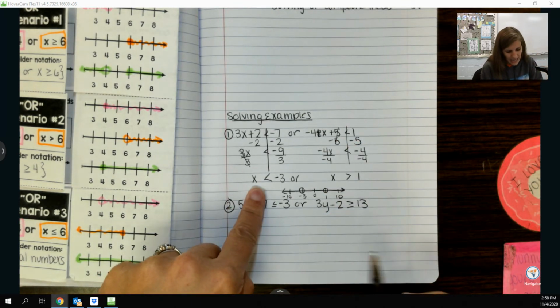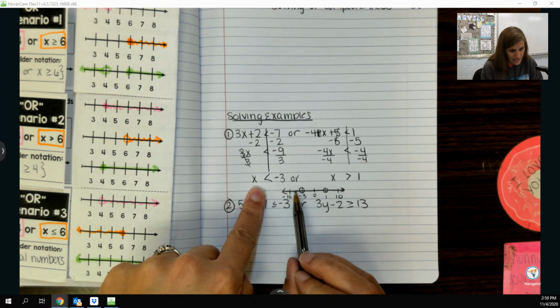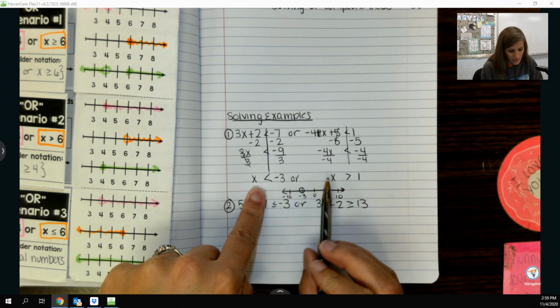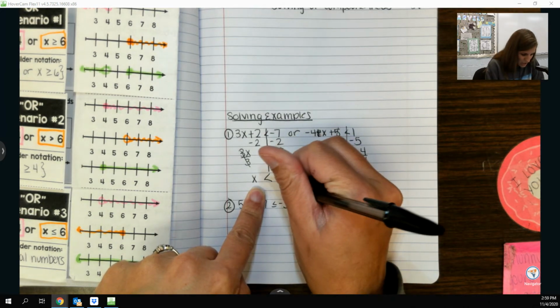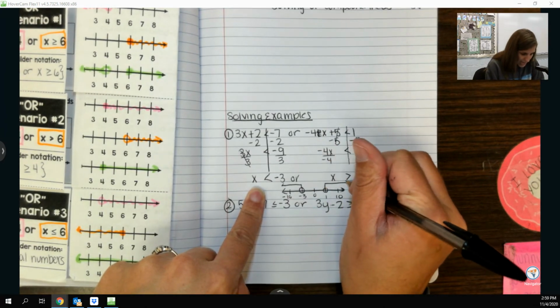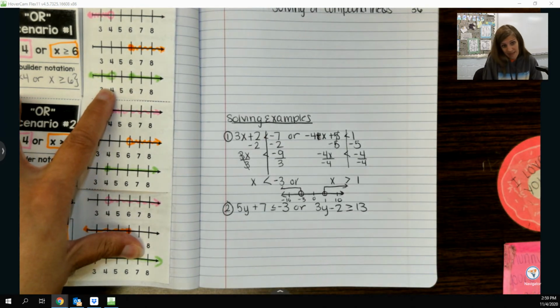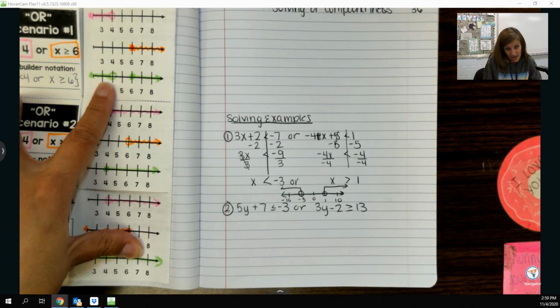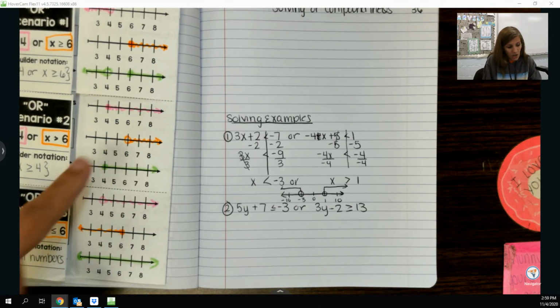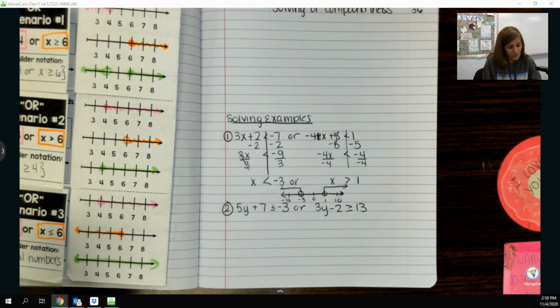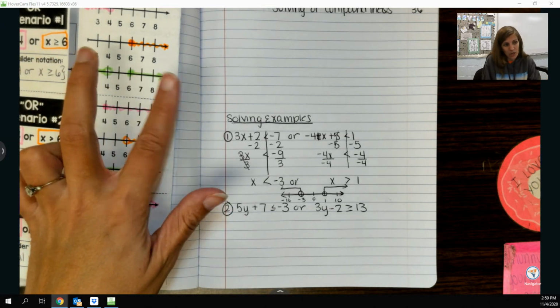Over here, x needs to be less than, so that's that way. And over here, x needs to be greater than, so that's that way. So that's that first scenario graph that we had on this one. And I will tell you guys, more often than not, that's the graph you're going to get for or. You don't often get this middle scenario or this last one. So usually it's the one where they're going in opposite directions.